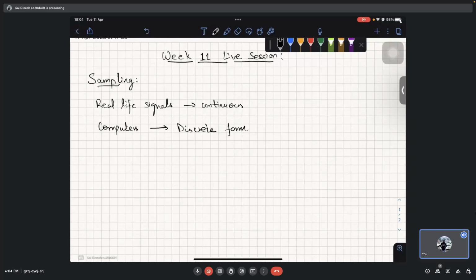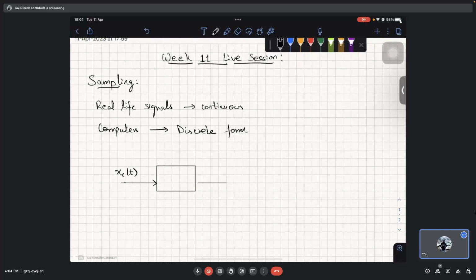So if you see it as a block diagram, a continuous time signal xc of t. x of n is equal to xc of nT.